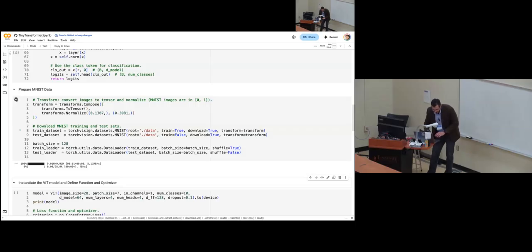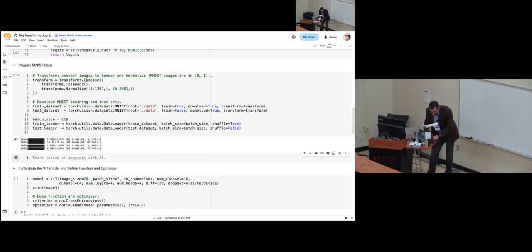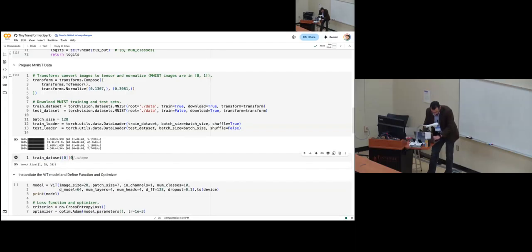It's completed. So let's simply look at one of these images. Let me see what is the size of my training data set. Okay, and let's look at this.